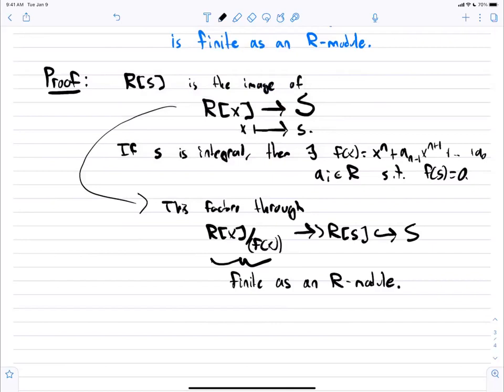So if s is integral, then R[s] is finitely generated because you take generators over here and they give you generators over here. And the generators over here are x^(n-1), x^(n-2), all the way through 1. So that maps to s^(n-1), s^(n-2), and so on, down to 1. Okay, so that's one direction.